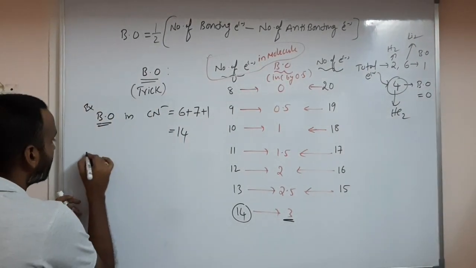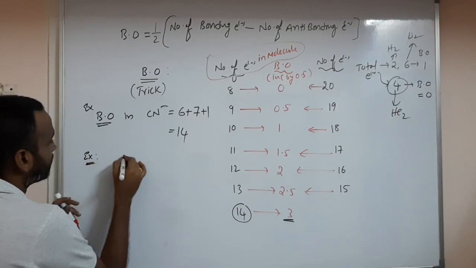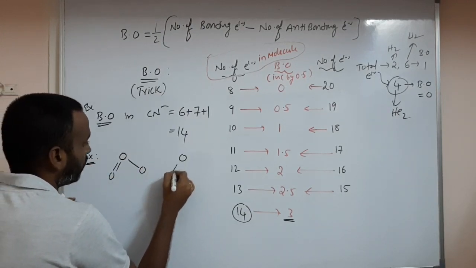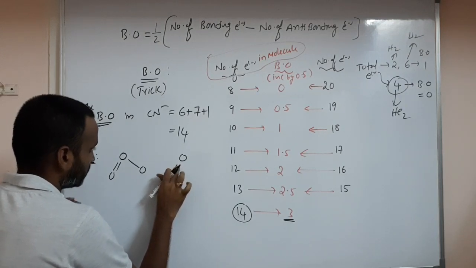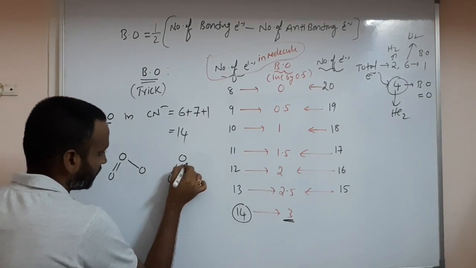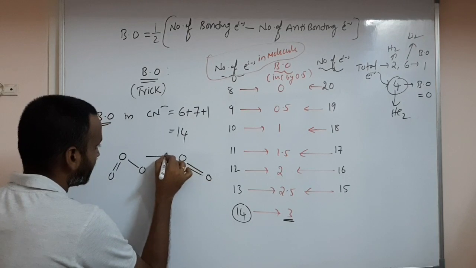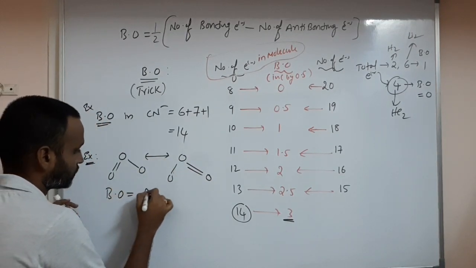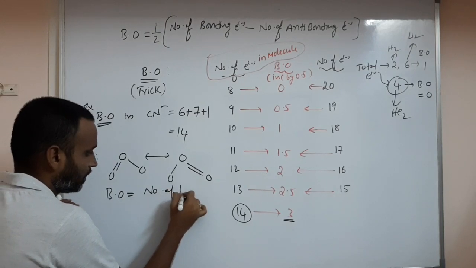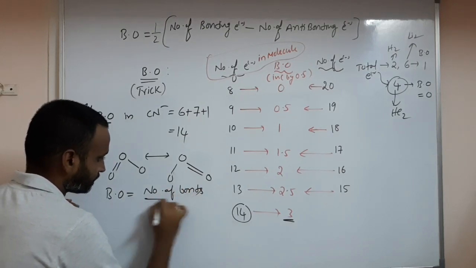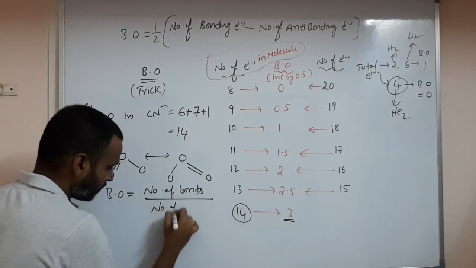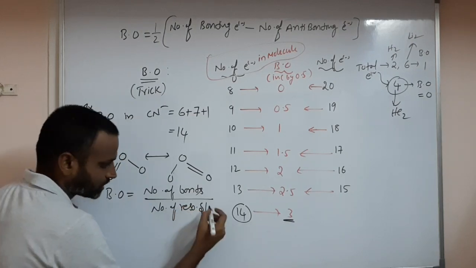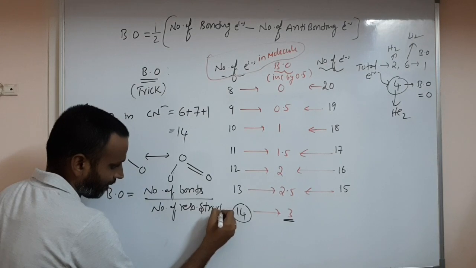Very important. But in some examples like O3, O double bond O, single bond O, and O single bond O, double bond O, resonating structures, in this kind of resonating structures can be given, then bond order is equal to number of bonds by number of resonating structures.